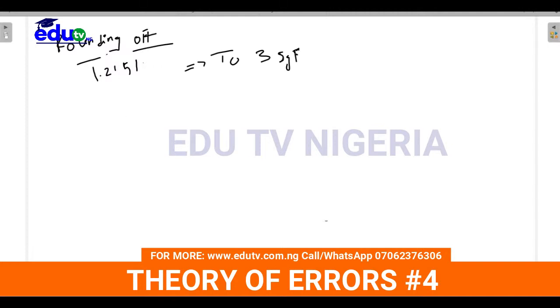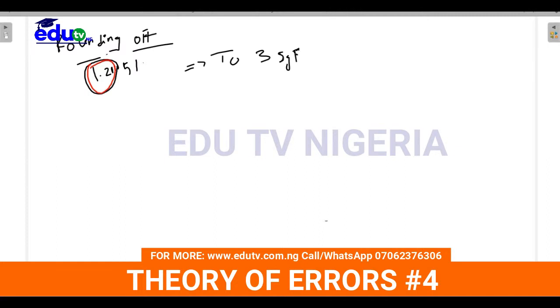Okay, so like I said, this is the important one. Now the leftmost digit to be dropped is 5.